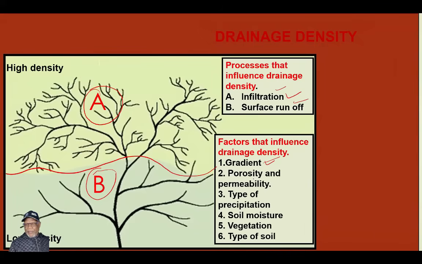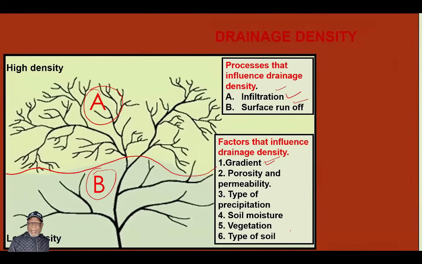Then we have another factor like porosity and permeability. And porosity and permeability is the same as the type of soil, because porosity will determine whether the soil is able to allow infiltration or not. Then what are you saying?